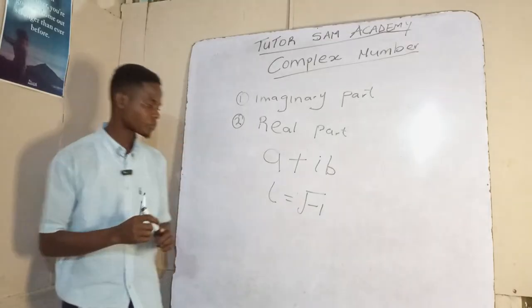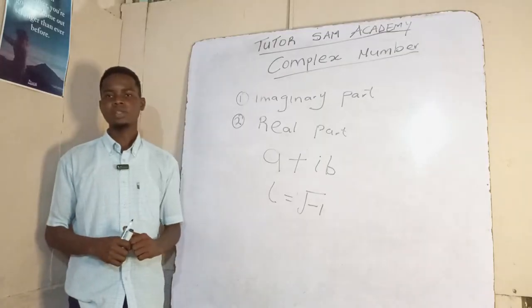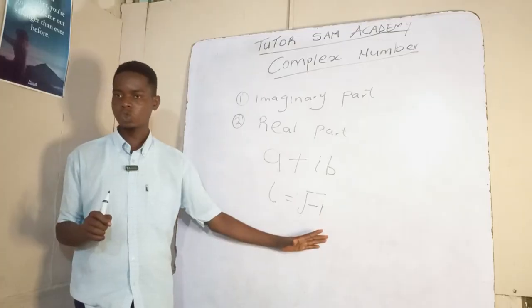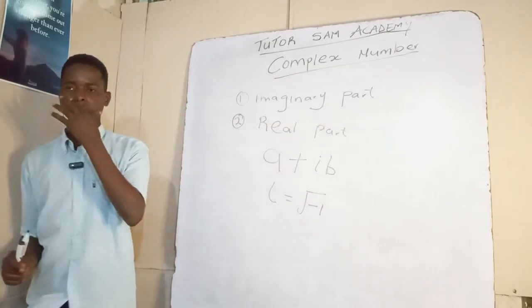Yes, sir. Now, why is i the square root of minus 1? That should be the question on our mind now. Why is it that I decide to make i square root of minus 1? Now, before the 16th century, are we together?